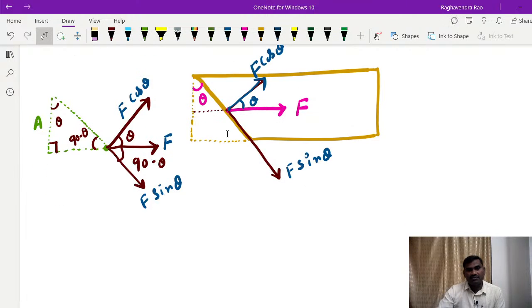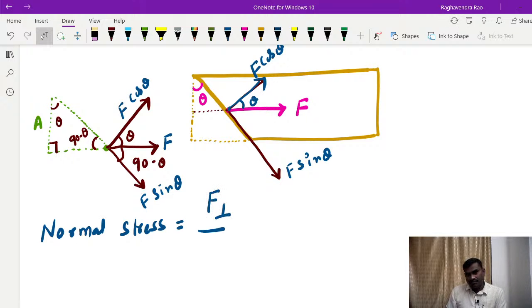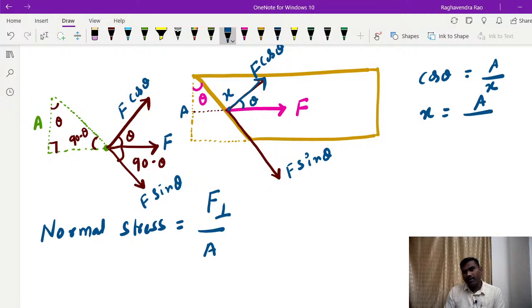Now in this case, normal stress is equal to the force acting perpendicular to the surface divided by the area of cross section. Now here, what is the area of cross section in this case? It is x. Now we can write cos theta, this is A. From this expression, cos theta is equal to side by hypotenuse, A by x. So x is equal to A by cos theta.